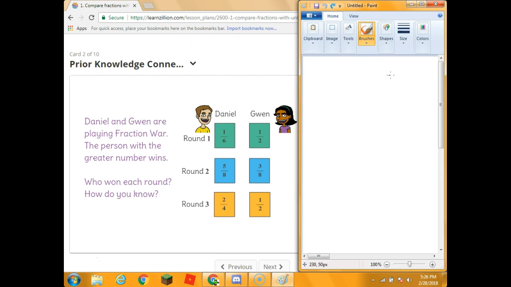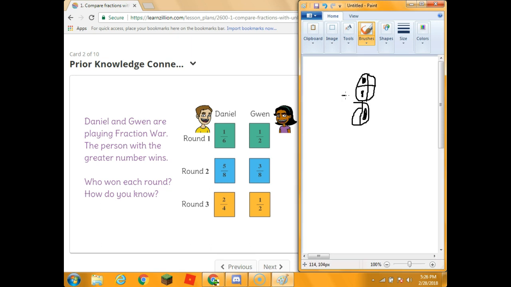So in round 3, Daniel gets 2/4 of the pizza. This and this. And Gwen gets 1/2 of the pizza. Which pizza was bigger? You might say, oh, that the 1/2 of the pizza is bigger than the 2/4 of the pizza.